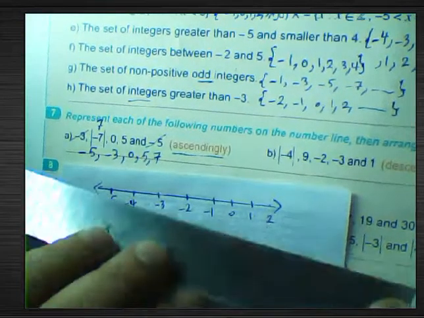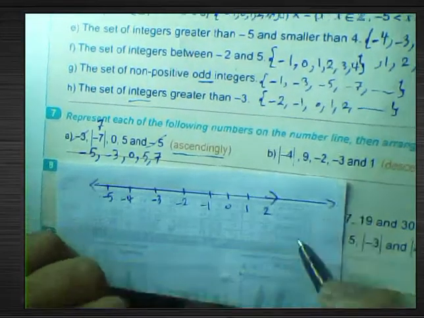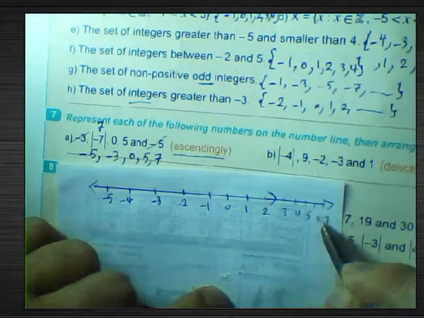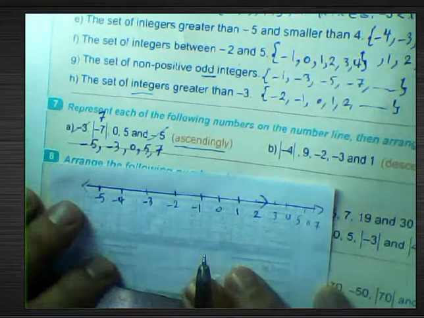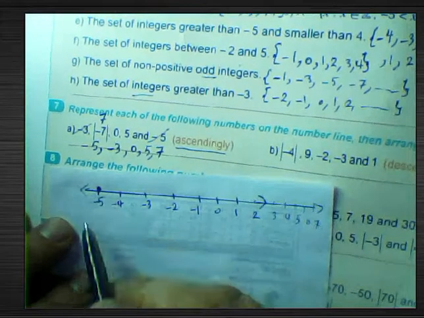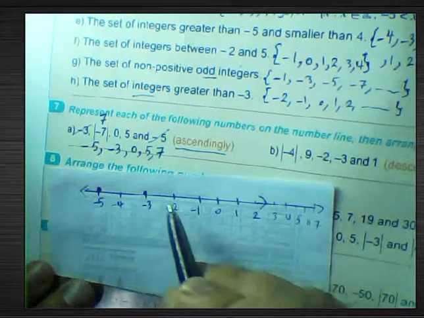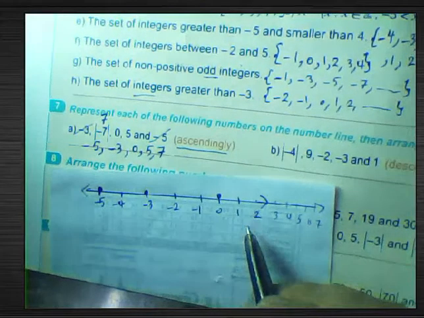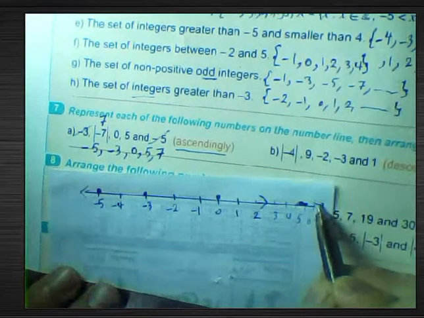You can complete it using the ruler: 3, 4, 5, 6, and 7. It's okay. But put points here: negative 5 and negative 3, 0, 5, and 7.